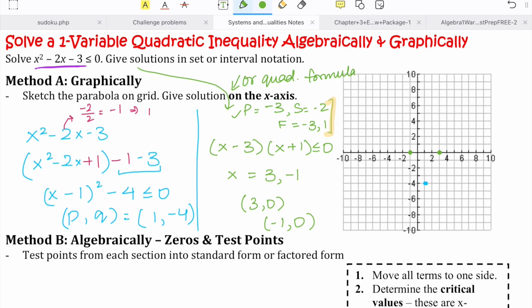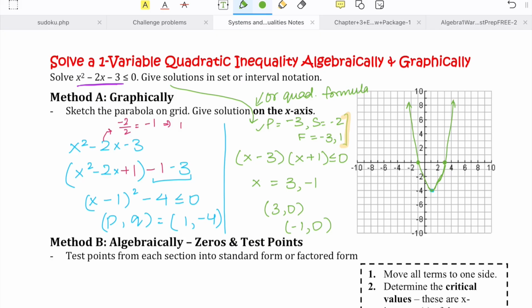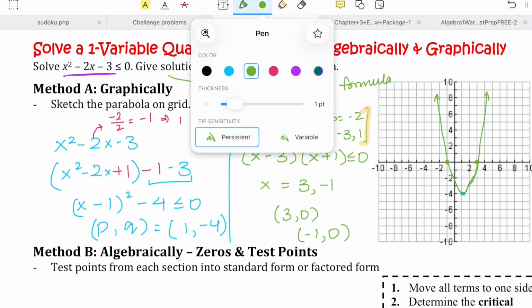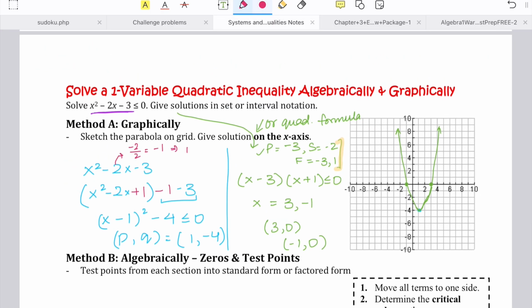Okay, so my parabola is going to look like this. Okay, now it says it's less than or equal to. Like when you had two variables, right, you ask yourself, is it solid or dashed, right? And then you ask yourself, is it above or below?